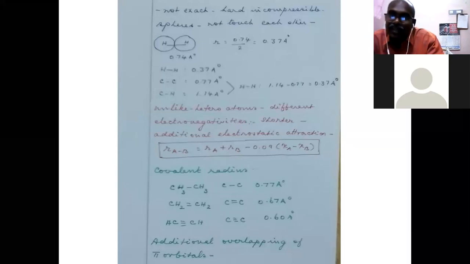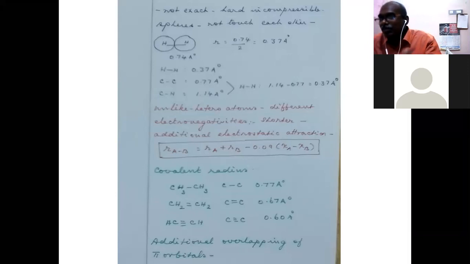In ethane, all the orbitals are hybridized. In ethylene, one p orbital in each carbon atom remains unhybridized, which leads to lateral overlapping to form the pi bond. In acetylene, two p orbitals in each carbon atom undergo lateral overlapping, so two pi bonds are there.